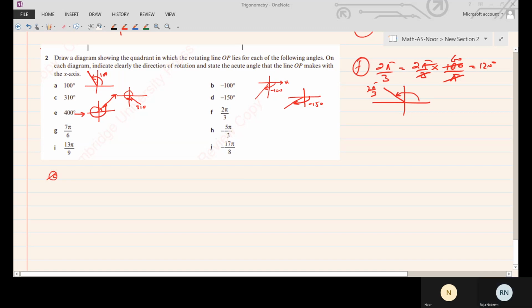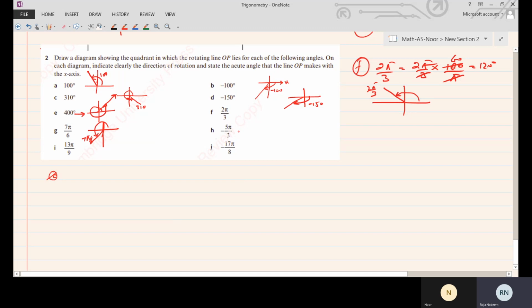So it would be in the third quadrant, anti-clockwise, which is 7 pi over 6.